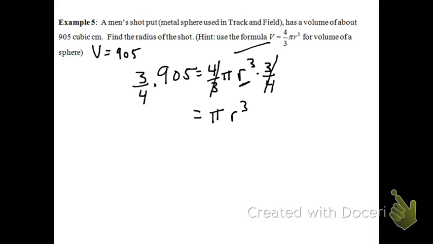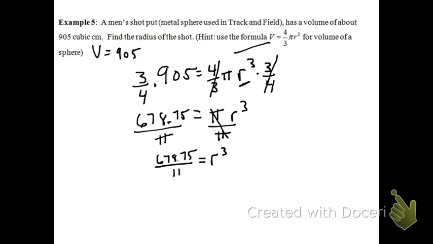Now multiply 905 by 3/4, and you end up with 678.75. Now I'm going to divide both sides by pi, and I'll have that the radius raised to the third power is 678.75 over pi.